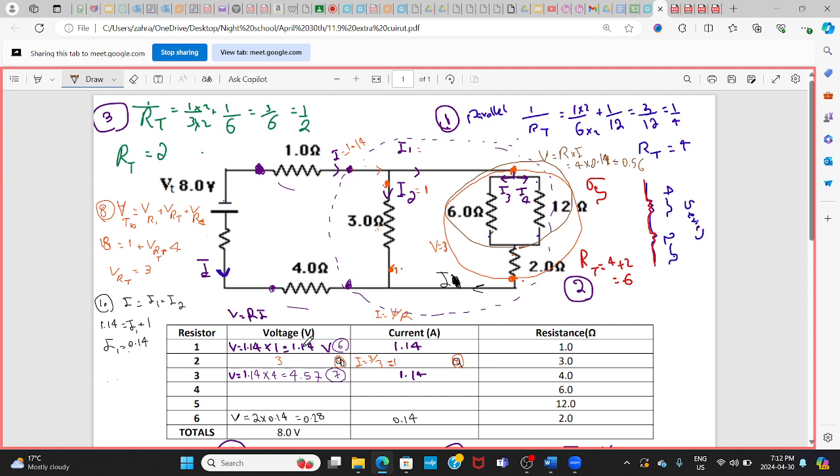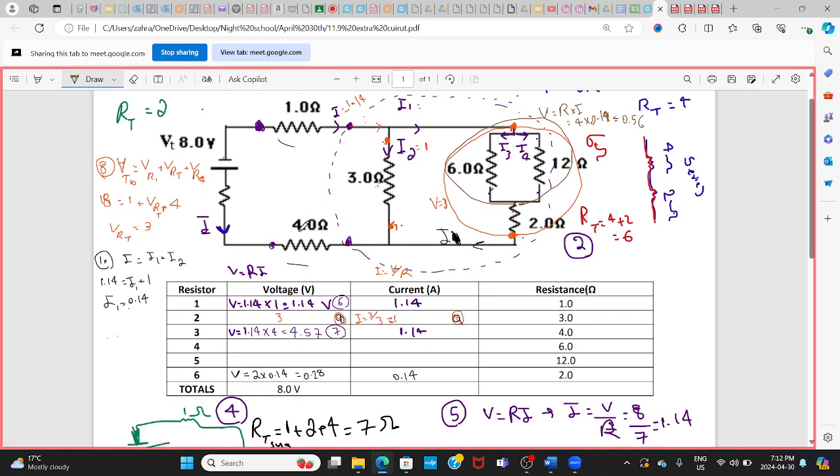This multiplied by that is this. The voltage across 4 is gonna be Ri. I is 1.14. Maybe I just check these values, but I don't think it's different, but I'll just check that. Yes? Who's that? Sevde. Okay, thank you.